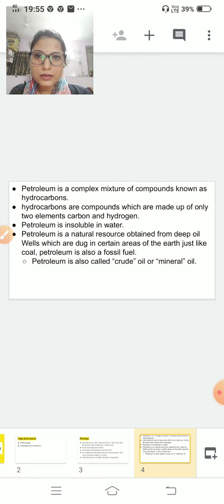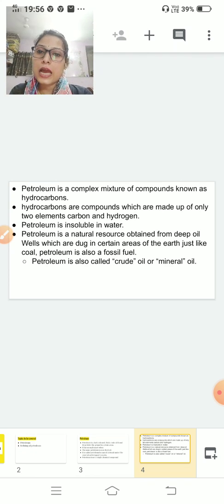Shall I read once more? So, petroleum is not a single compound. It is a complex mixture of hydrocarbons. What are hydrocarbons? Hydrocarbons are those compounds which are made up of hydrogen and carbon.